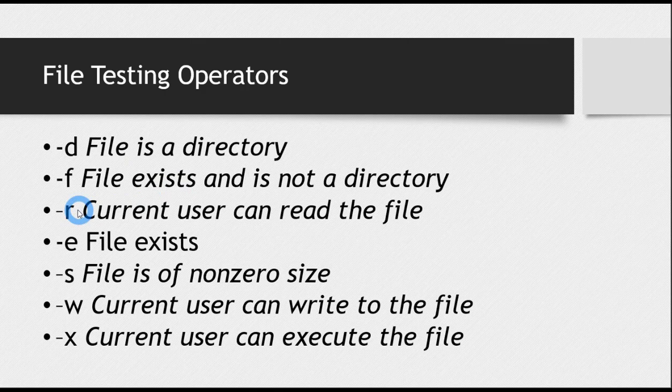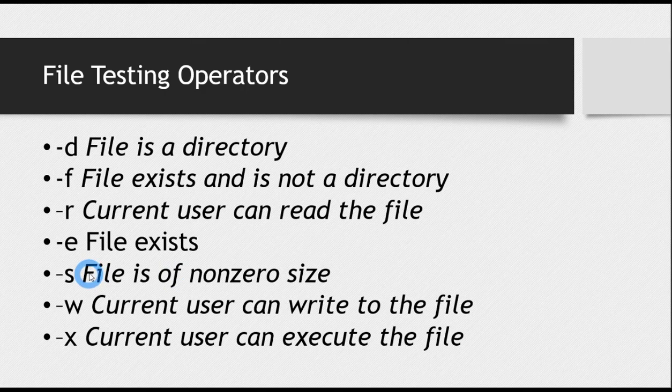-r will be true if the current user has permission to read that particular file which I am testing. -e will be true if that particular file which I'm testing is present in the directory. -s will be true if that particular file which I'm testing has some stuff in it. It's not 0.